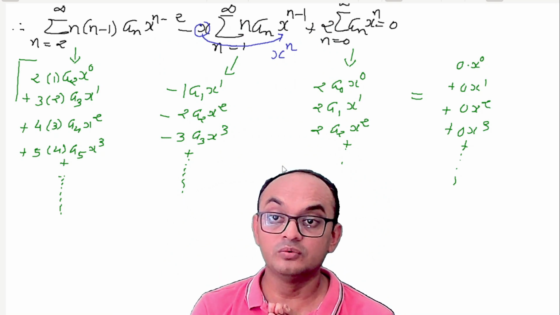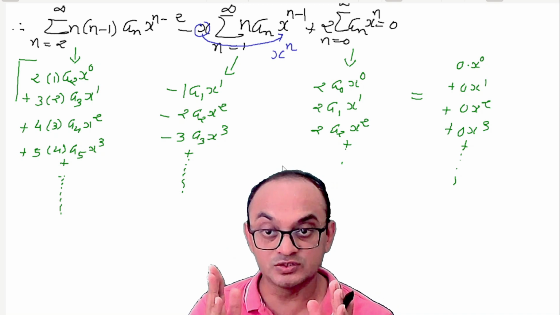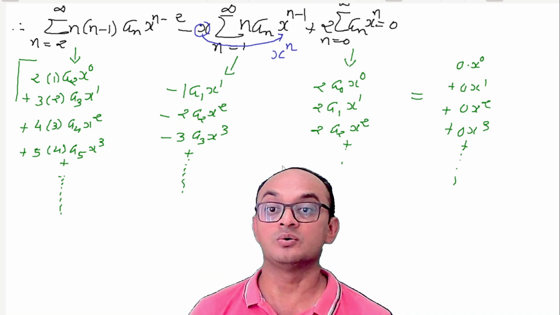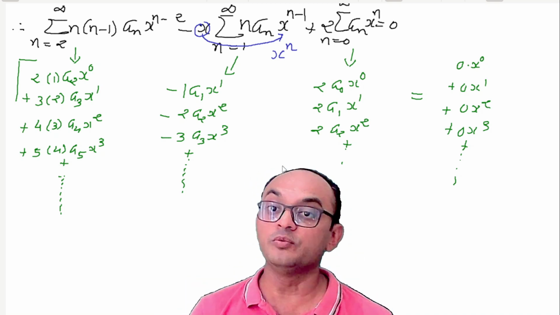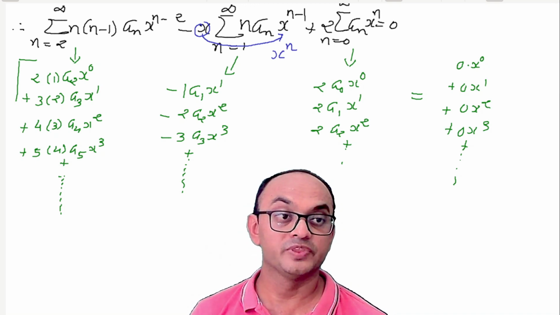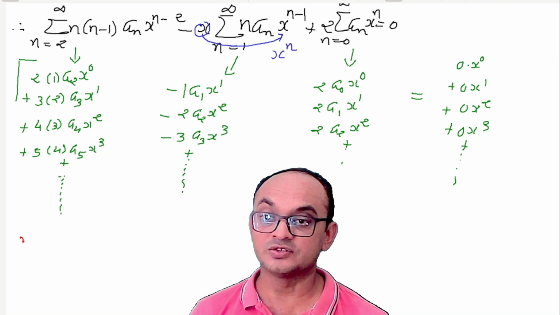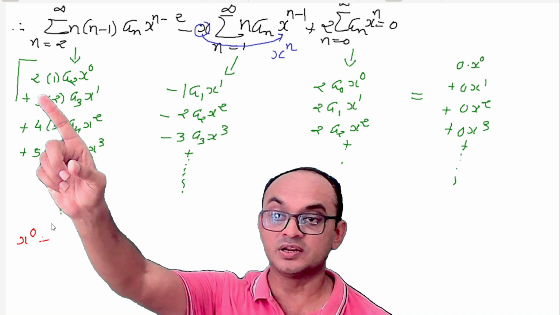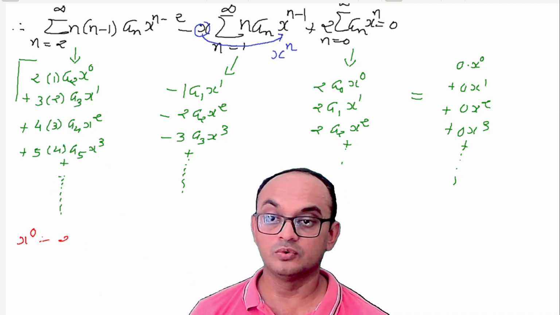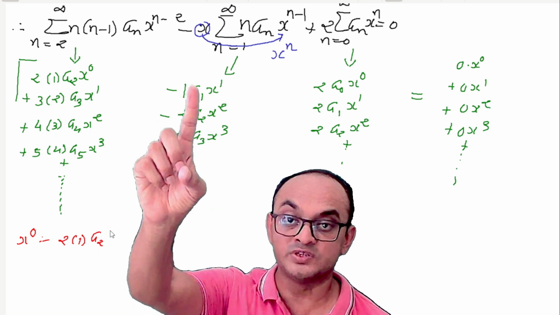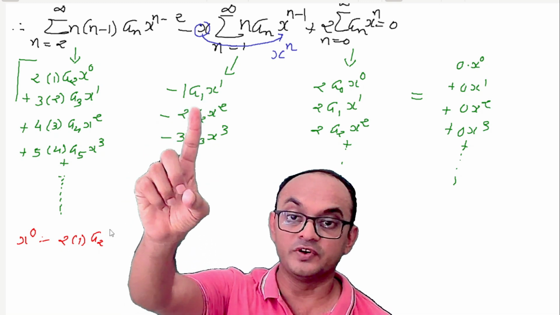Now what we do, we compare the coefficients of x raised to 0, x raised to 1, x raised to 2, x raised to 3 and so on. And here you need to be careful. Because when I am interested in the coefficient of x raised to 0, which are the terms? 2 into 1 a2, plus, there is no term which is the coefficient of x raised to 0.